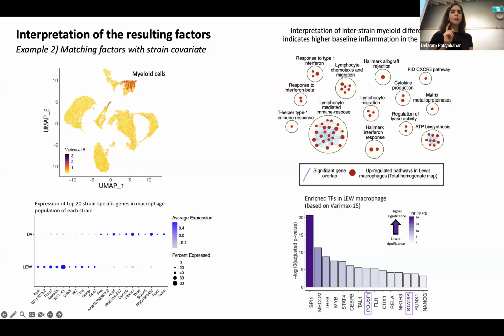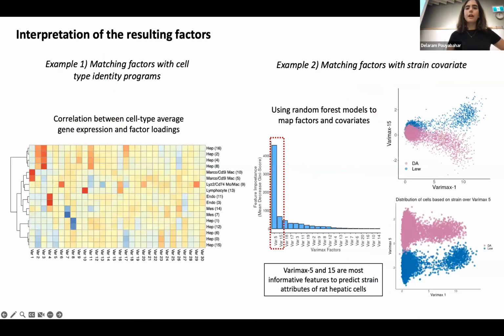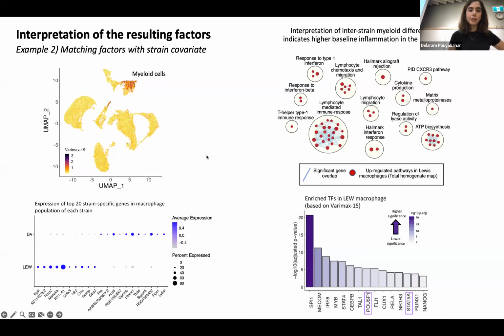Okay, so here I just wanted to show you some of the interpretation results of that case study that I was talking about. I talked about this Varimax number 15, and I told you that these two populations of cells that Varimax 15 was able to separate from one another were non-inflammatory macrophages.